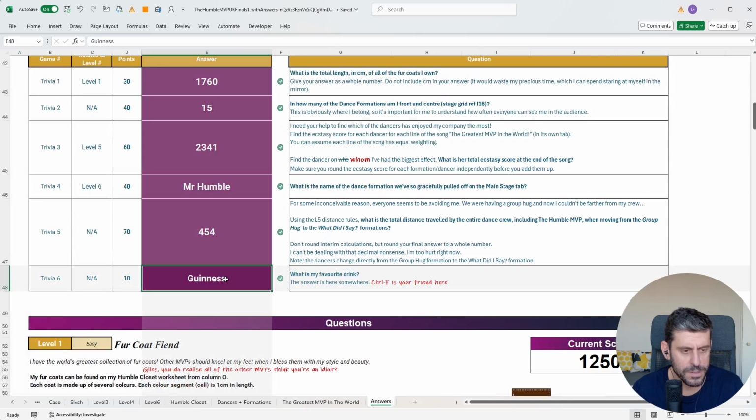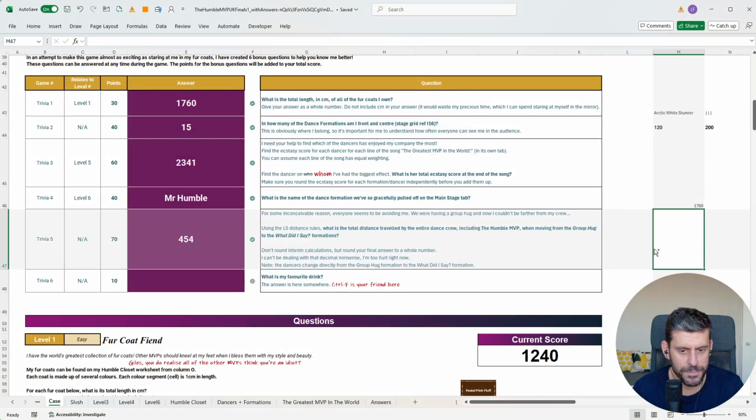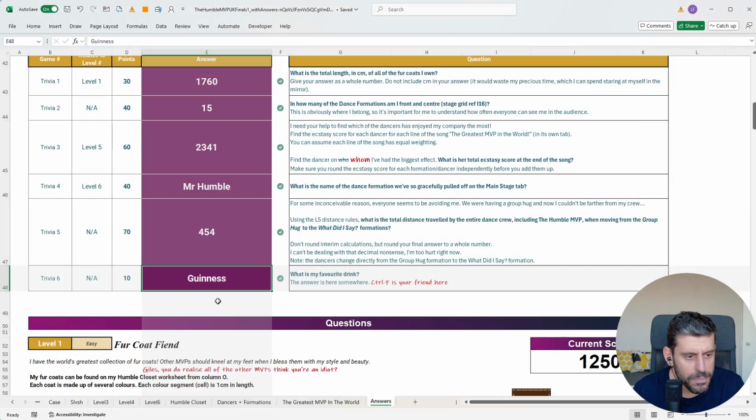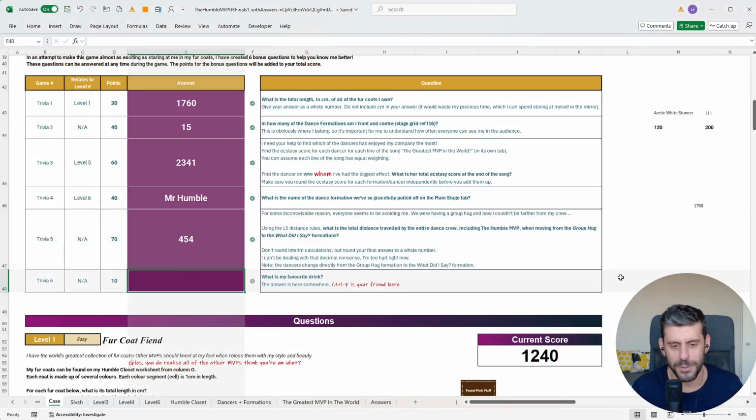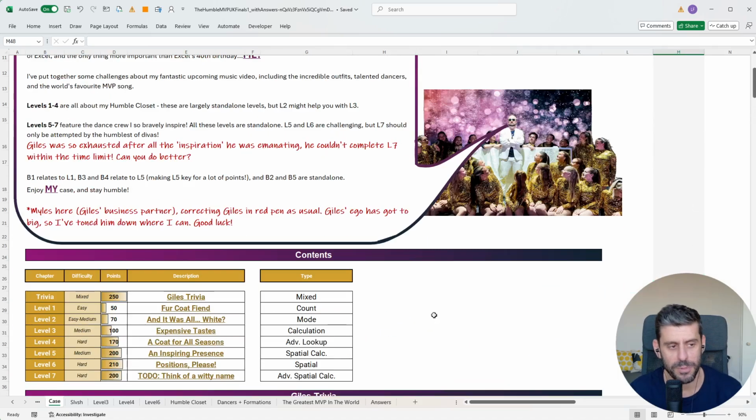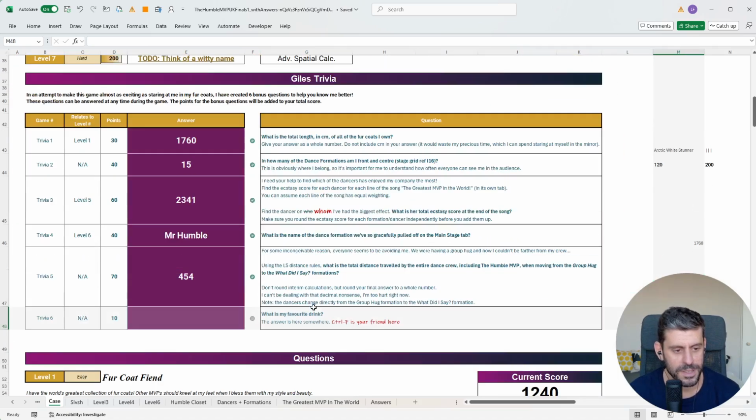Guinness. Really? Mm, not sure how you're supposed to solve this level. Let me know in the comments. Probably it's very easy. It's a very easy one, but yeah.